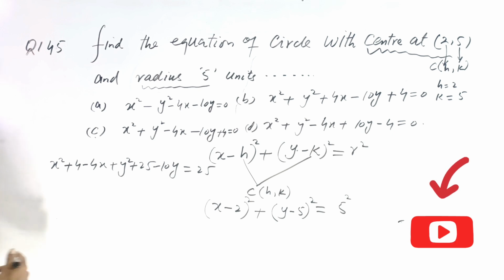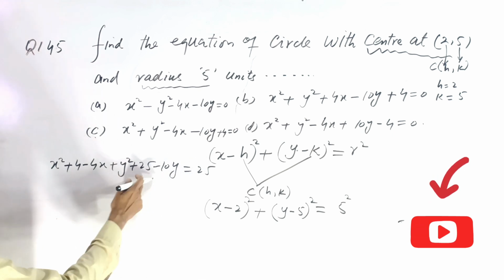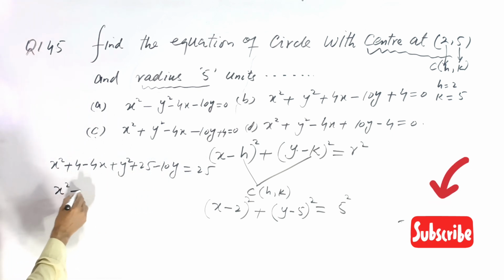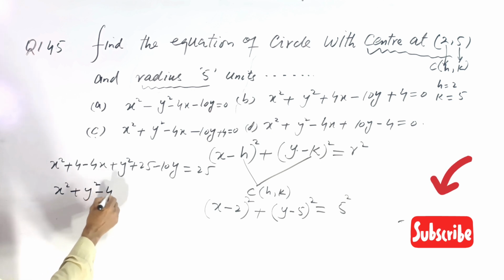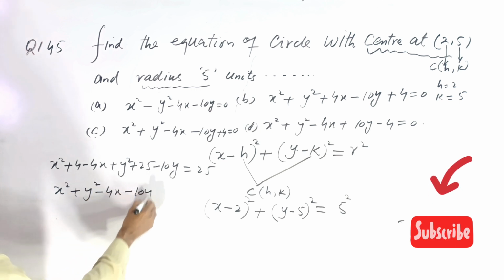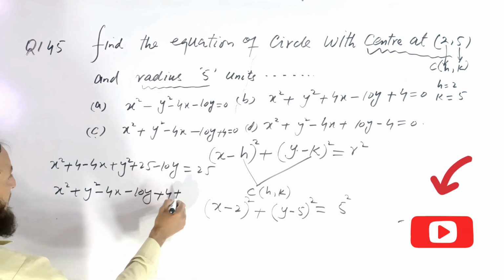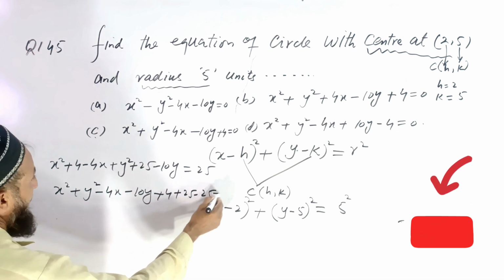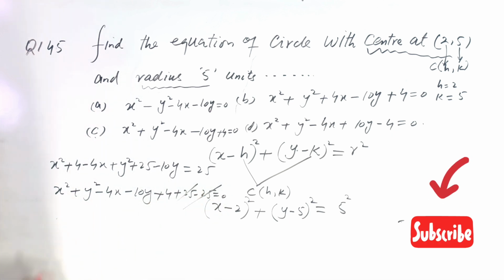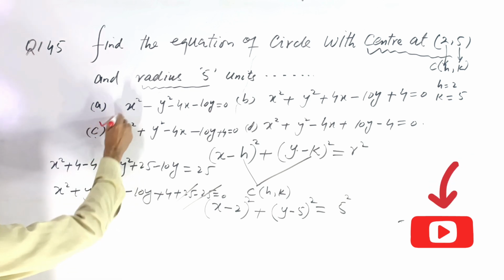If we rearrange this, x square plus y square minus 4x minus 10y plus 4 plus 25 minus 25 is equal to 0. The 25s are cancelled, so we get the equation here. Option C is the correct option.